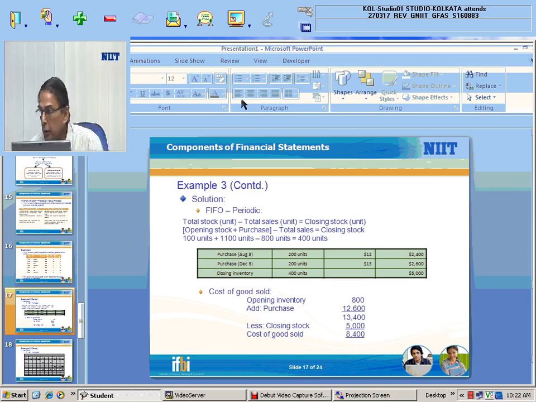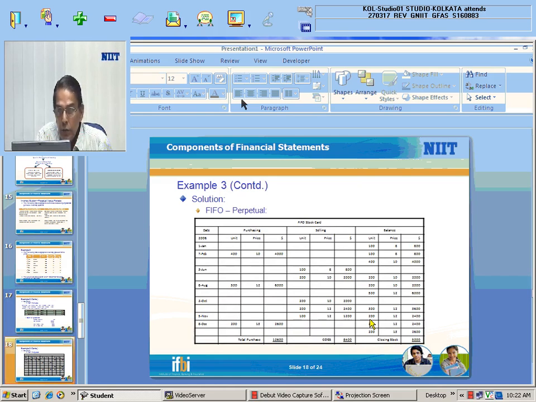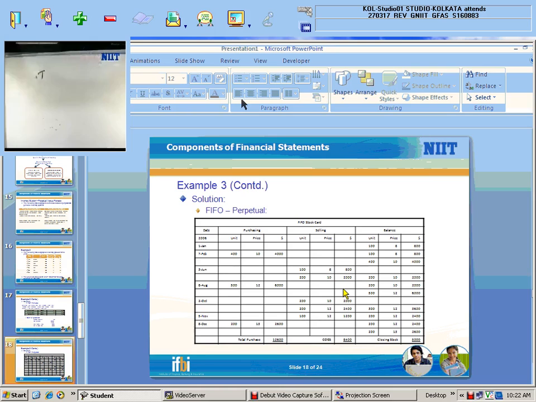Mandana, when you have finished, let me know. Okay. So, can you see it? Can you read this?